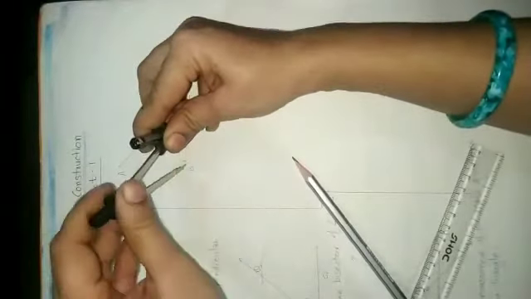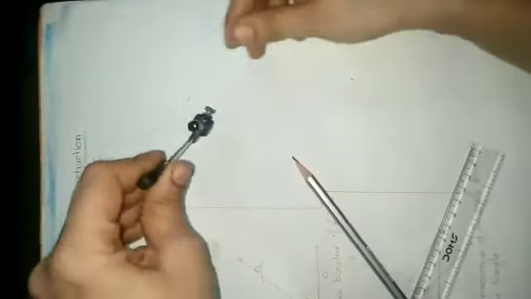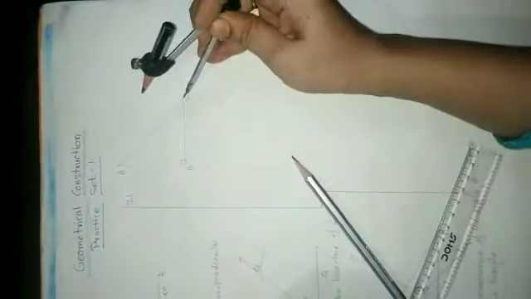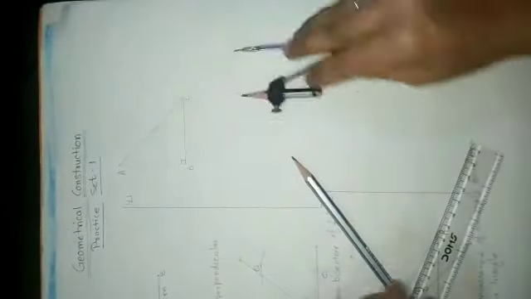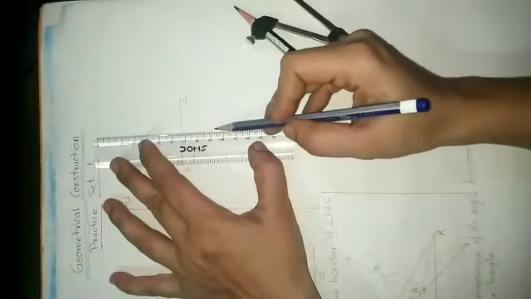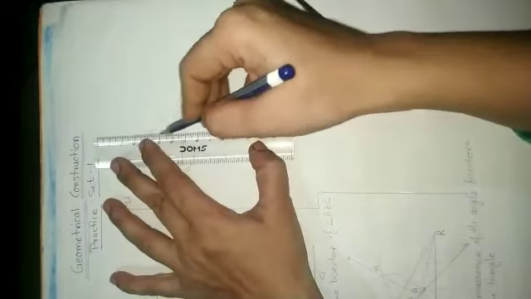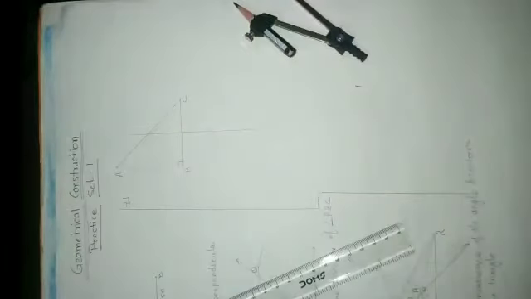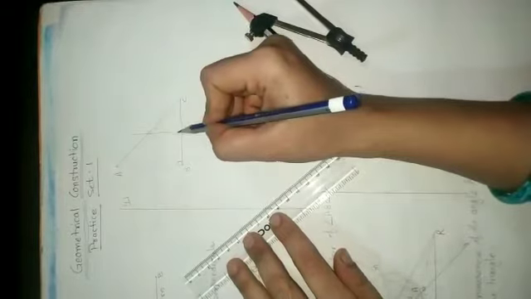For this, take more than half of BC, mark two arcs here and here, above and below line BC, and without changing, put the steel point on C, mark two arcs. Join these two points, and this is a perpendicular bisector.